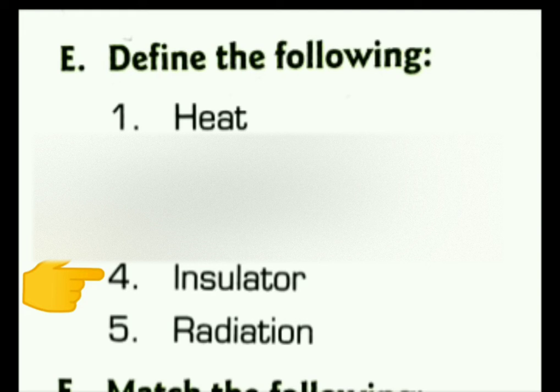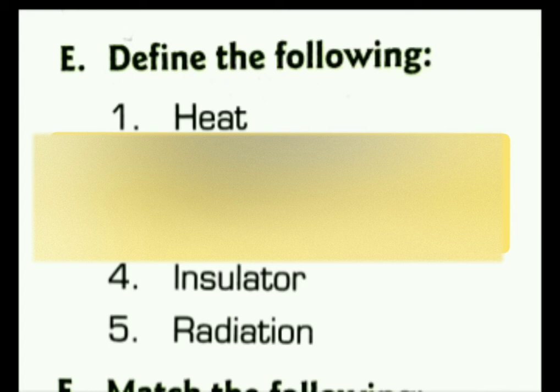Students, an insulator is a material or a substance through which heat or electricity cannot flow easily. We are studying about heat, so you can write only heat, but we talk about both heat and electricity for insulators. So you can write the definition.